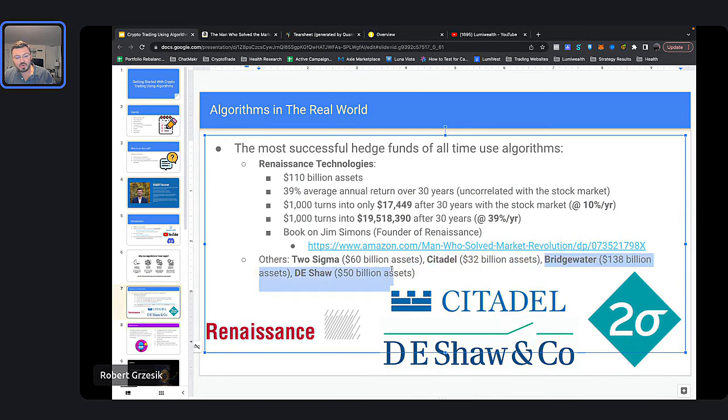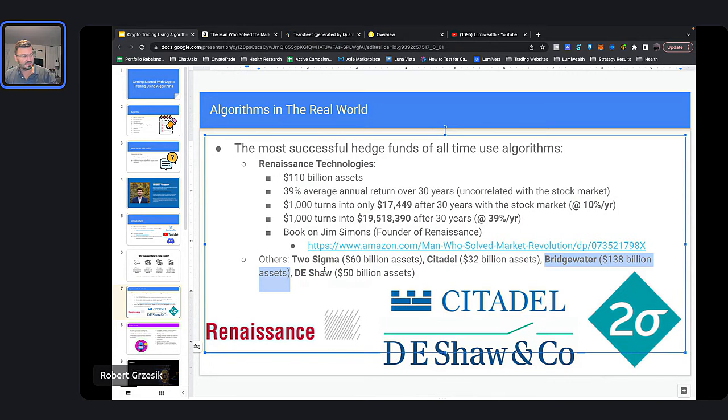Then there's Bridgewater. Ray Dalio's been in the news a lot lately, so you may know who Ray Dalio is, one of the most successful hedge fund managers of all time. I think they're the biggest hedge fund in the world, actually, at 138 billion in assets. Really smart guy. They don't use algorithms to actually trade, but they have a lot of data scientists on their team downloading data from all over the world, looking at satellite data, looking at correlations between things and different countries and how they're doing with their GDP and all that sort of stuff.